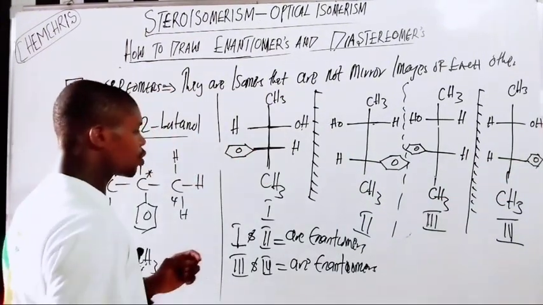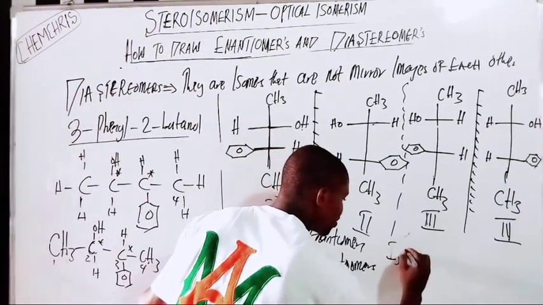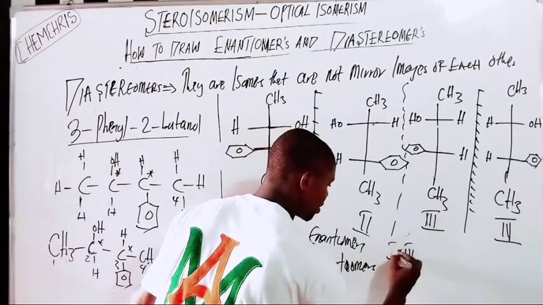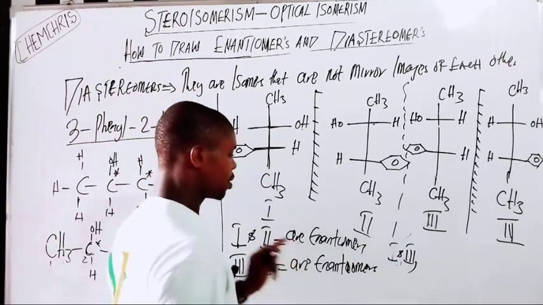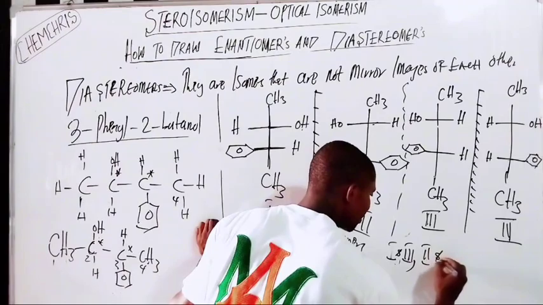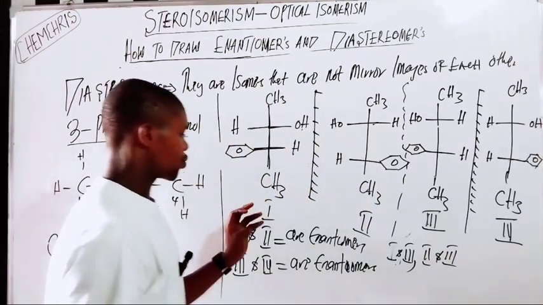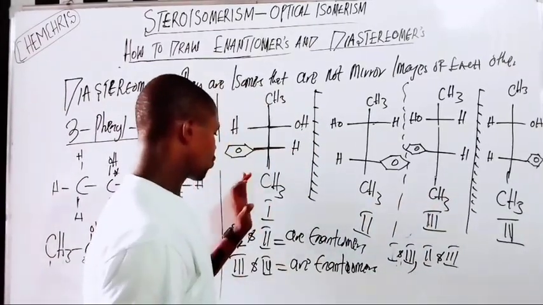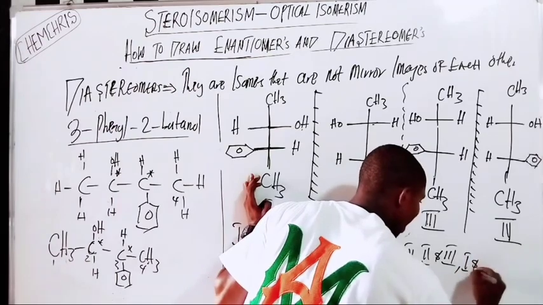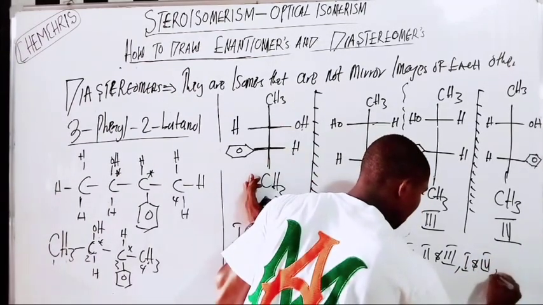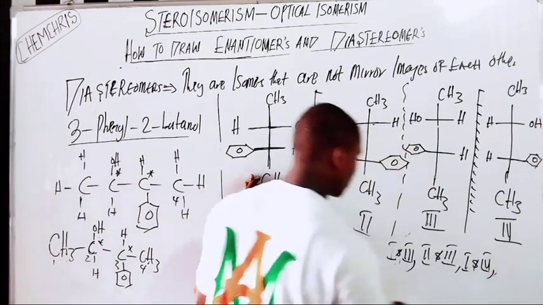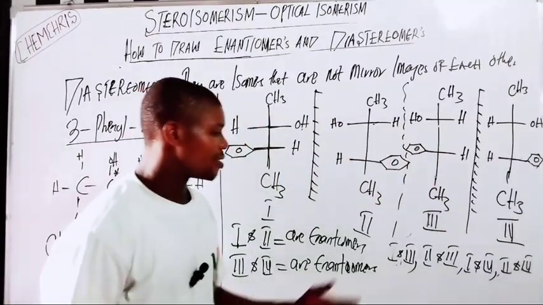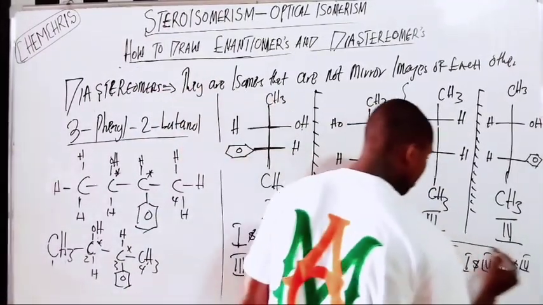So you can see that structure 1 and 3, structure 2 and 3, structure 1 and 4, and structure 2 and 4 are diastereomers.